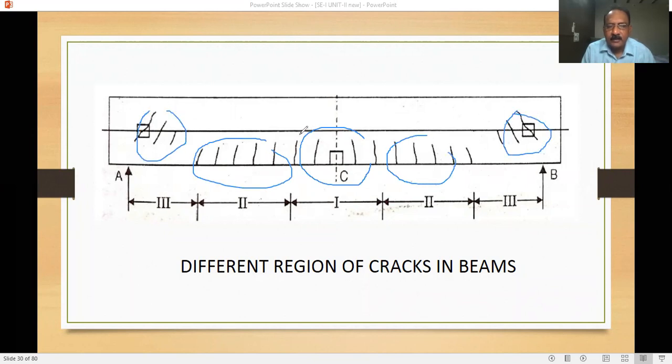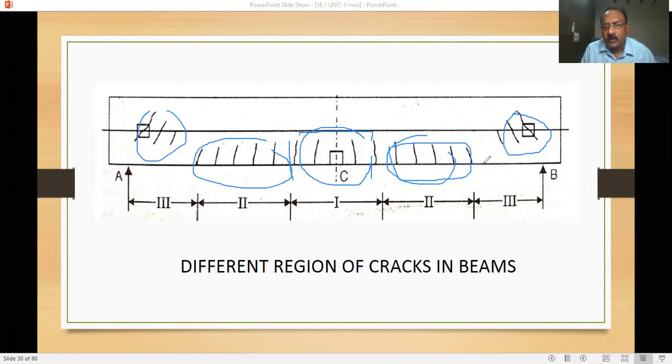These cracks are due to purely flexural strength failure, because of bending moment. Here you will have maximum bending moment. In region 2, you will have bending moment as well as shear force, so there are different types of cracks in region 2, due to bending moment and shear.